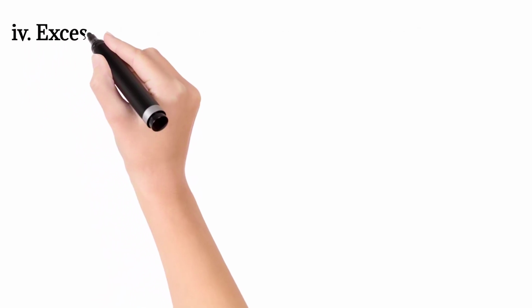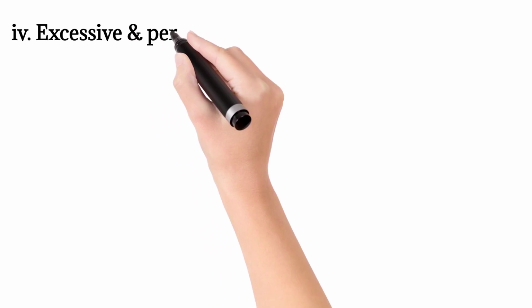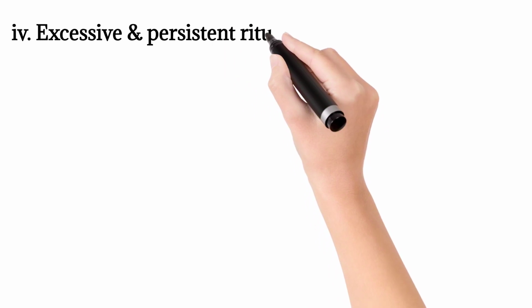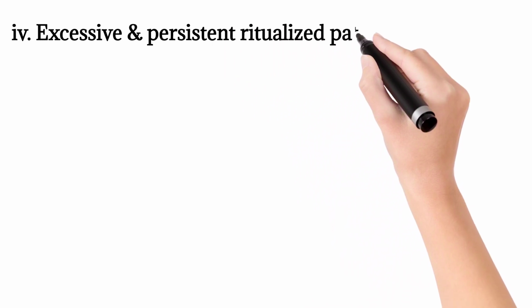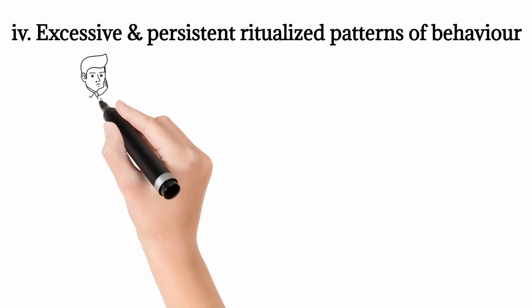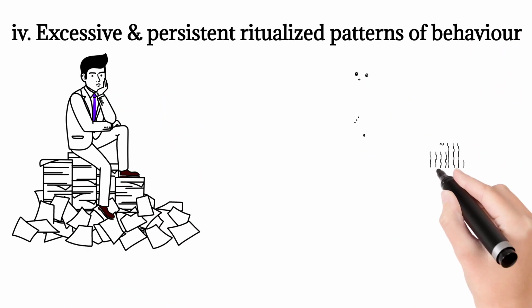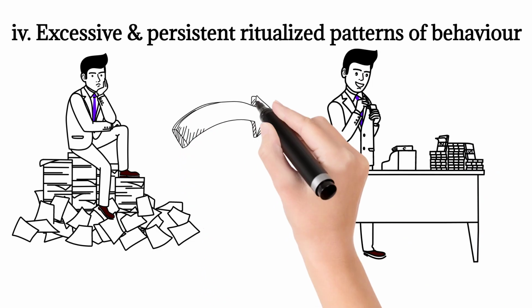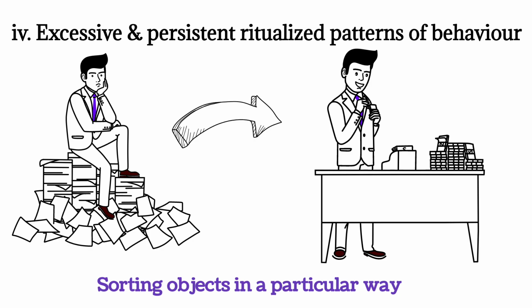Next point is excessive and persistent ritualized pattern of behavior, for instance, preoccupation with lining up or sorting objects in a particular way that serves no apparent external purpose.